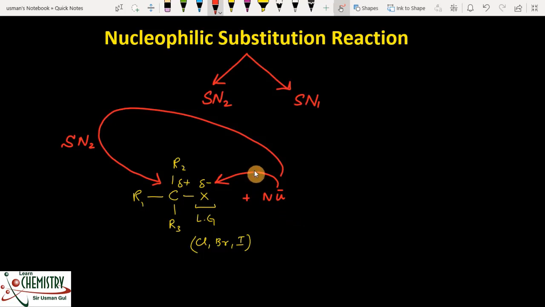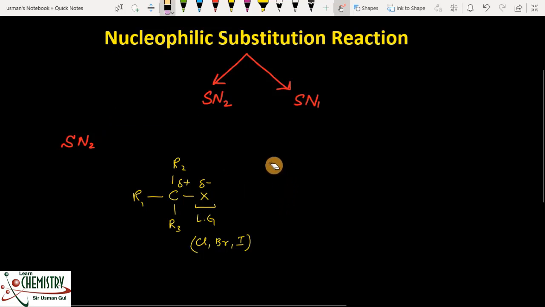The first option is wrong. The reason is that the negatively charged leaving group in front will repel the nucleophile. So I will erase that and let me draw it properly. Basically the nucleophile will come from the back side, and it will attack the partially positive carbon.